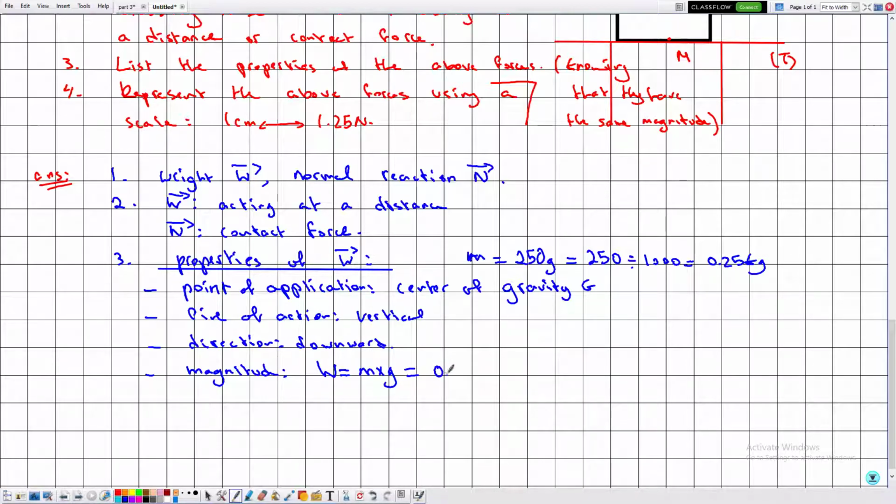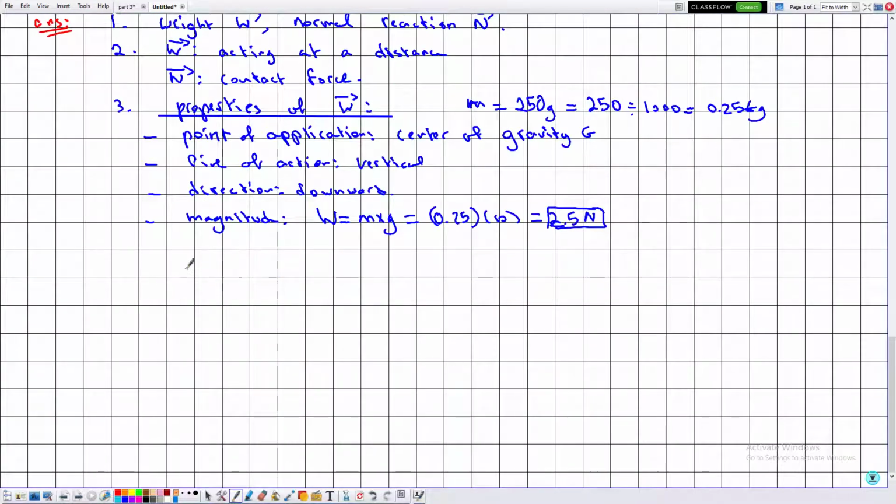So it is 0.25 multiplied by 10, which is equal to 2.5 newtons. So this is the value of W, and mainly the magnitude changes only for the weight from problem to problem, and all other properties remain unchanged.